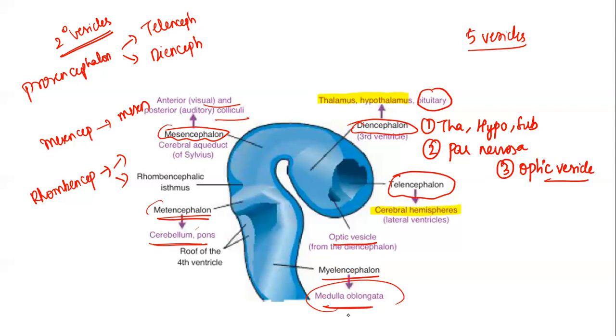Now, when these structures are developing, each of these vesicles are developing, there appears a cavity. And each of those cavities is going to give rise to ventricles. For example, the cavity of the rhombencephalon is going to be your 4th ventricle. Cavity that appears in the mesencephalon is your 3rd ventricle.